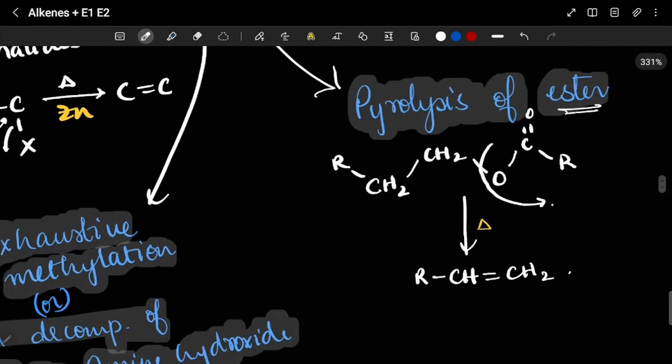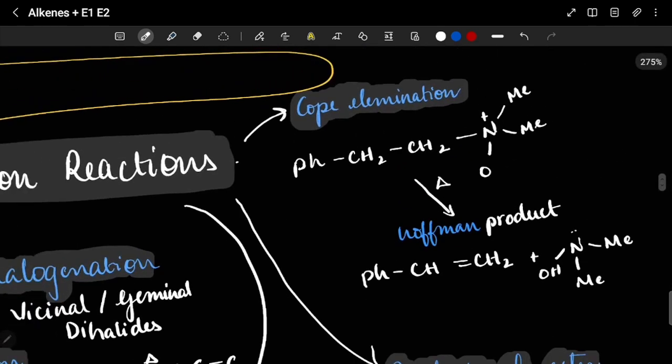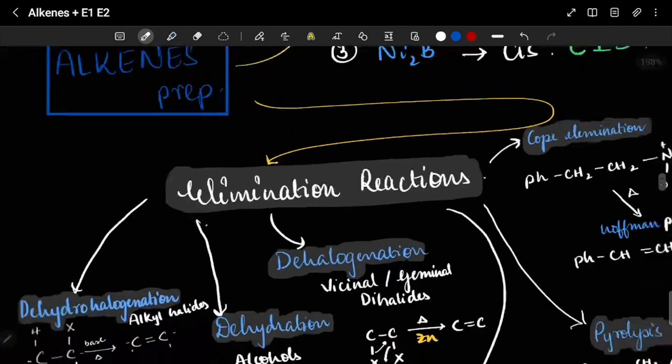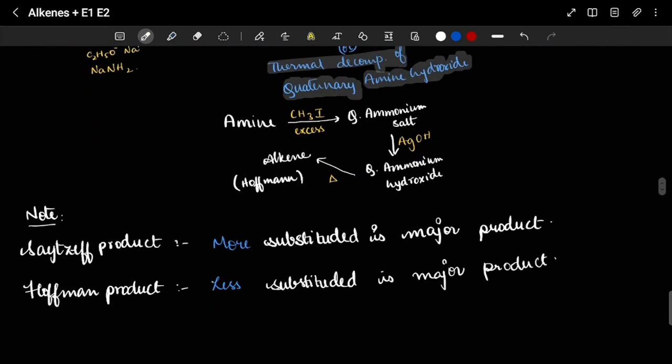This group is going to come out and form carboxylic acid, and the remaining part forms an alkene. Now, in Cope elimination, you need a beta hydrogen, and then this bulky group is removed, and once it is removed, a Hofmann product is formed.